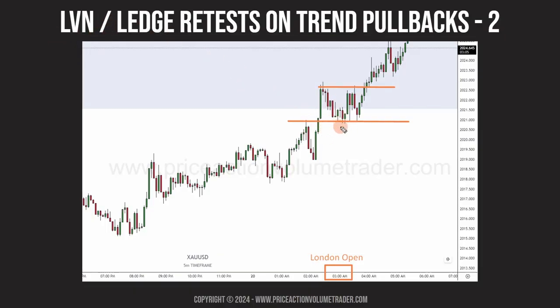In this case, to get a retest, we have a context of a significant time of day, such as the London Open. And then we had the continuation off of the bottom ledge of this valley area that we have right here.